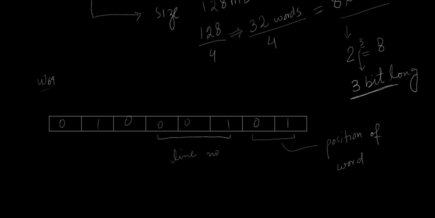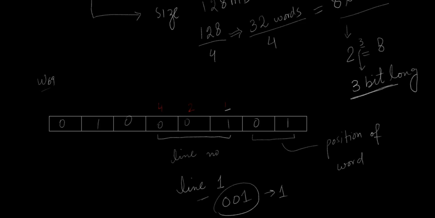So 001, I'm just going to put the values on it. So it's going to be 1, 2, 4. So what is actually my line number? My line number is basically line number 1. 001 is basically line number 1.